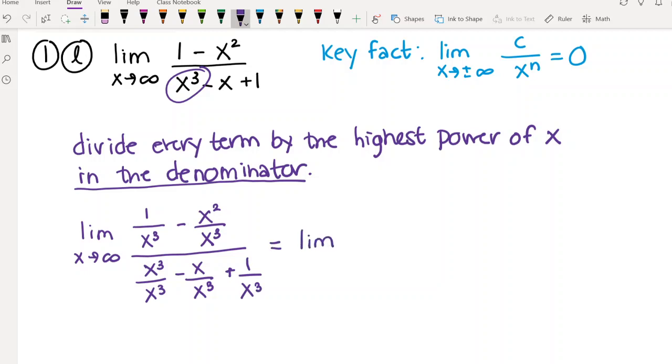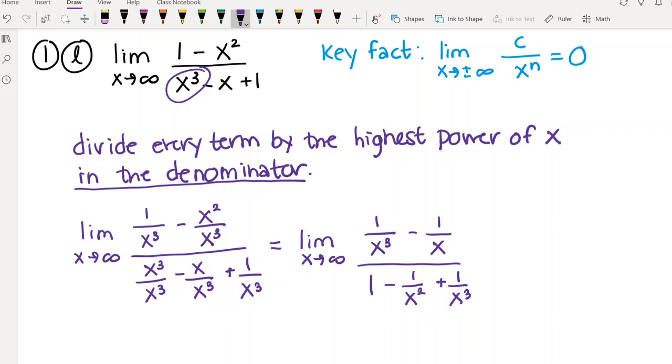So now we want to simplify this, so basically anything that can be simplified. For example, negative x squared over x cubed, we can rewrite that as 1 over x using exponent rules. Then in the denominator we have 1, we have minus 1 over x squared, and then we have 1 over x cubed.